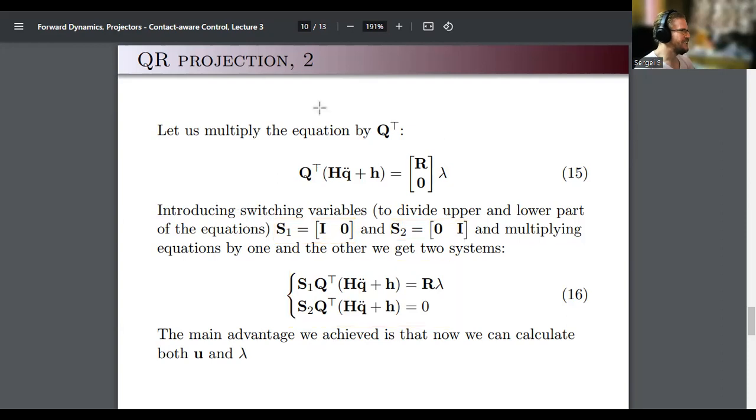So in fact, if we weren't such sophisticated people, in an advanced course, what we could have said is this: let us cut this expression in half. Let us cut all the equations below that have zeros, and we get this one. Let us cut all the expressions above that have r, and we get this one.